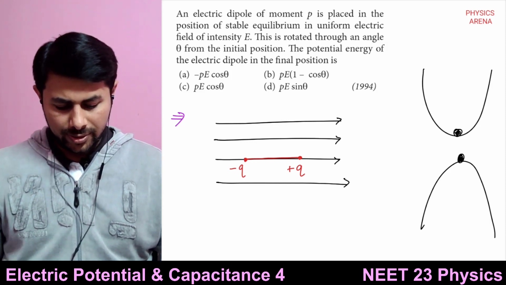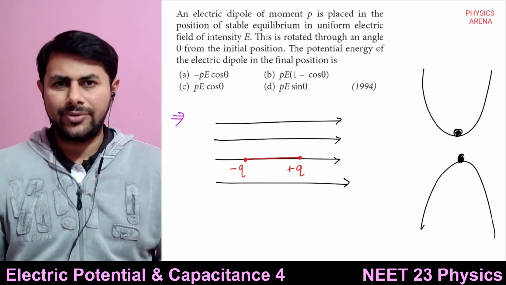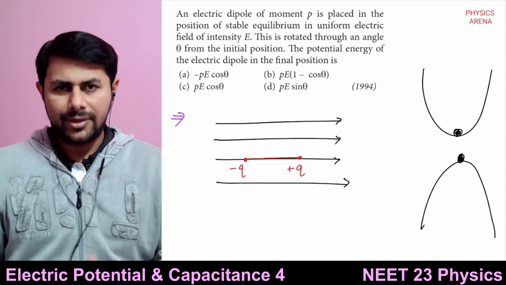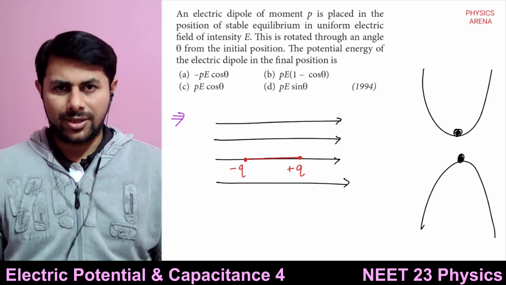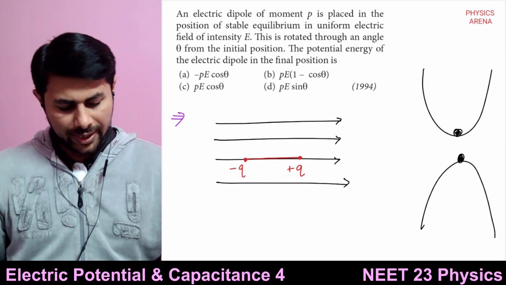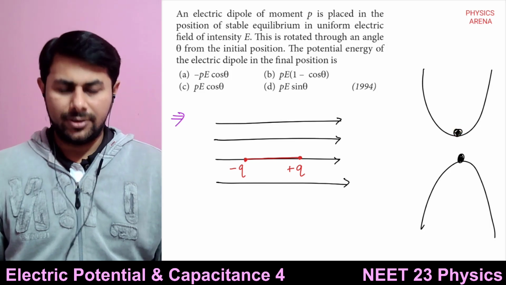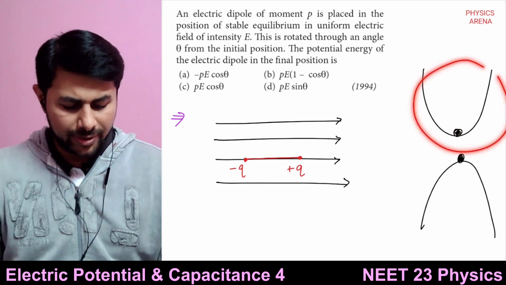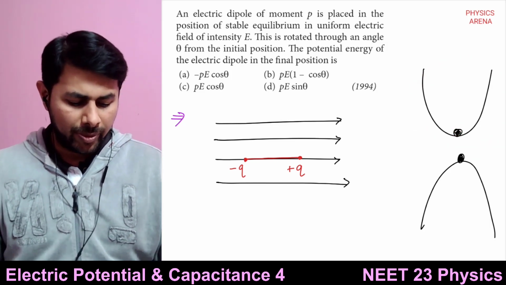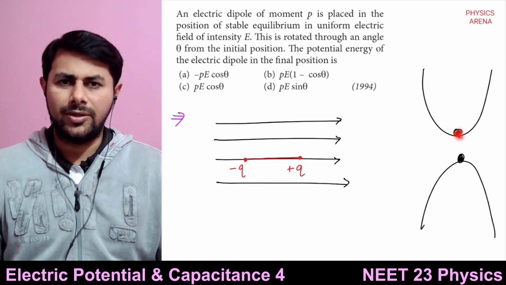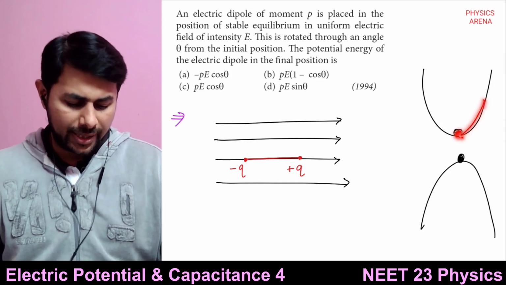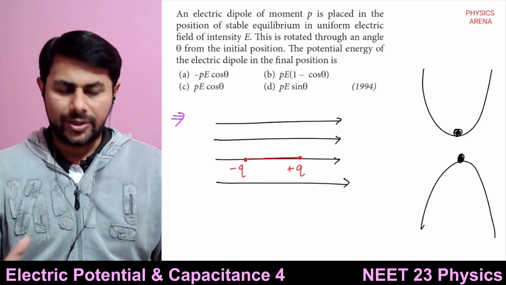So this is true for all kinds of systems. They try to minimize their potential energies. If you think of this example, what is the minimum of potential energy? It is this point. If you move it here, again it will come back to the same point.